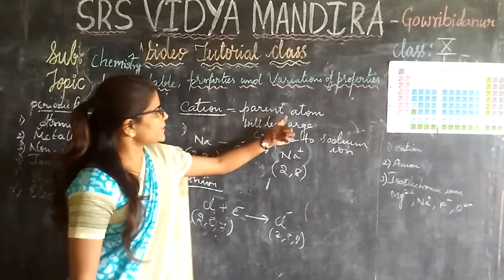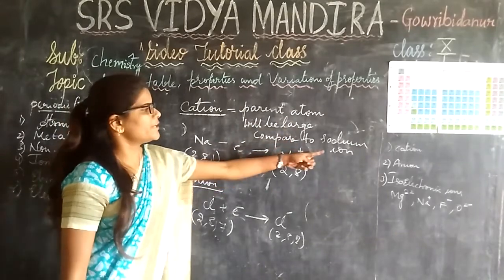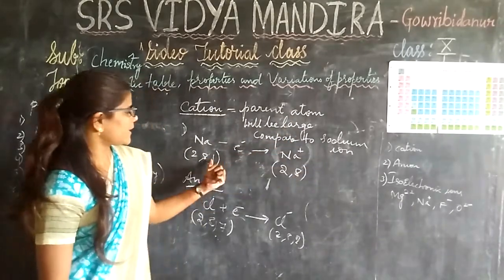Here, the parent atom will be larger in size compared to the sodium ion because already 1 electron has been lost.